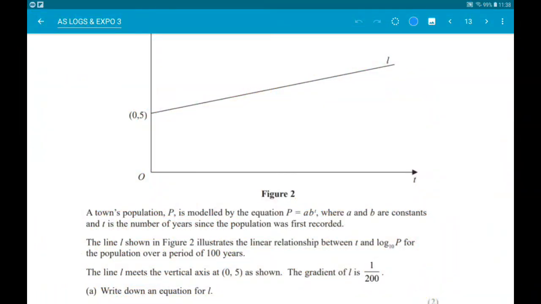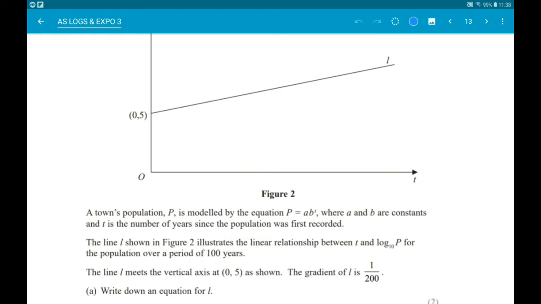Okay, number 6. A town's population P can be modelled by the equation P equals a b to the power t, where a and b are constants and t is the number of years since the population was first recorded.